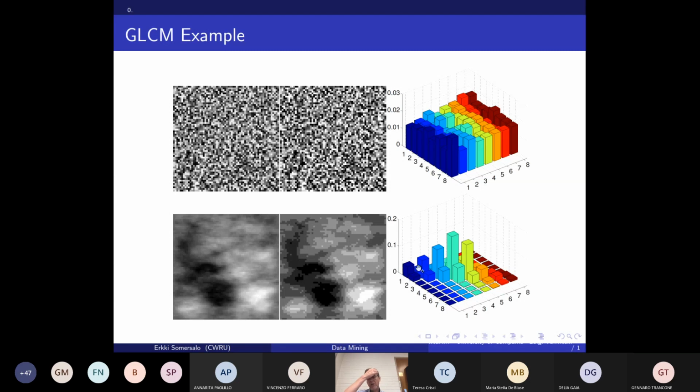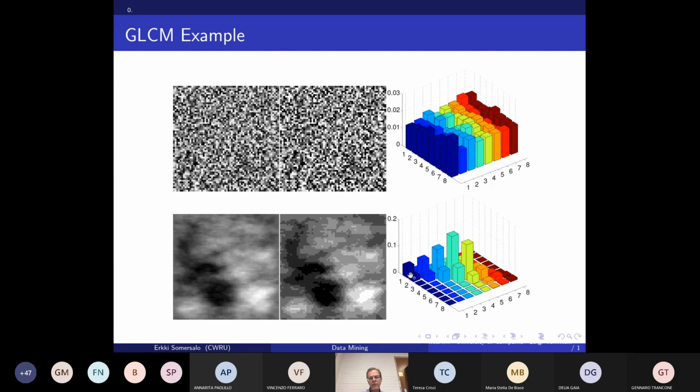Here you really see that I'm reducing the grayscale dramatically. Now if I look at the grayscale co-occurrence matrix, since this is a smooth picture, the probability of finding the same gray value after doing an offset is rather high. Therefore you see that this is a diagonally weighted matrix.